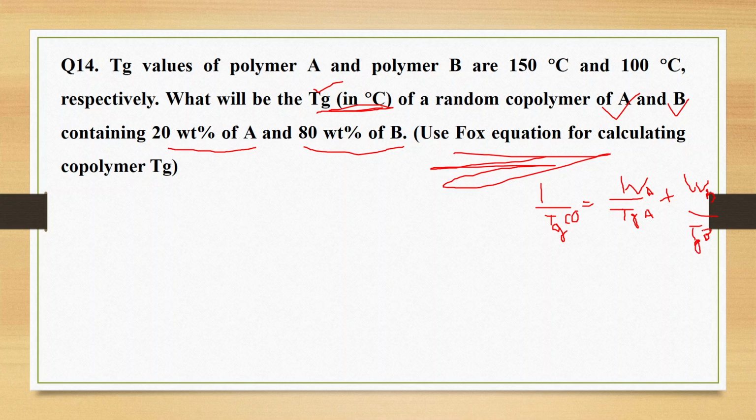All the values are provided, the weight fractions are provided, the corresponding Tg values for A and B are provided. You just need to calculate the Tg value for your copolymer.